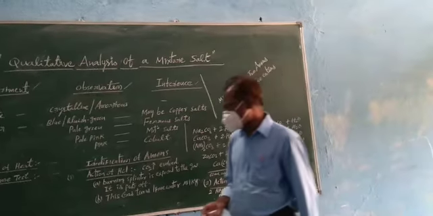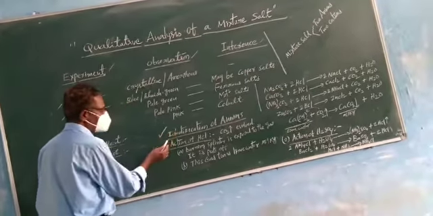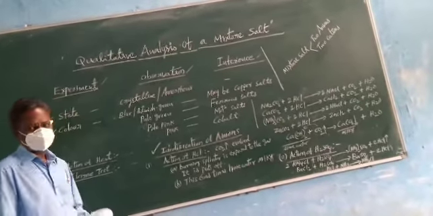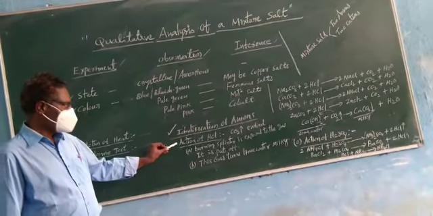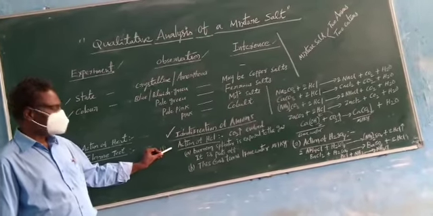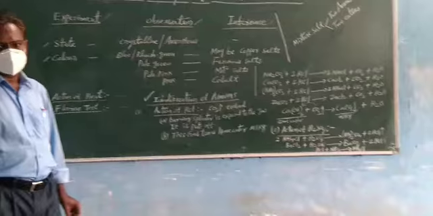Next, the main reactions we have to observe here, for identification of anions. The first reaction is action of HCl.